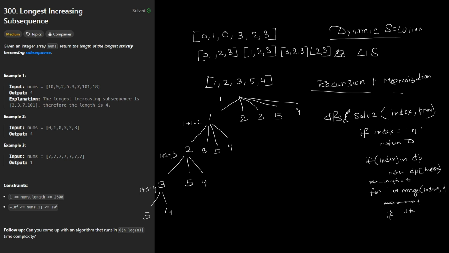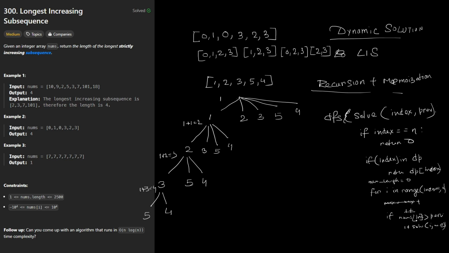We have to check whether the value that we are going to take is greater than the previous value. So nums of i, is it greater than the previous value? In that case it would be 1 plus solve, and here it would be i, and instead of the previous value, the previous value would now be nums of i.